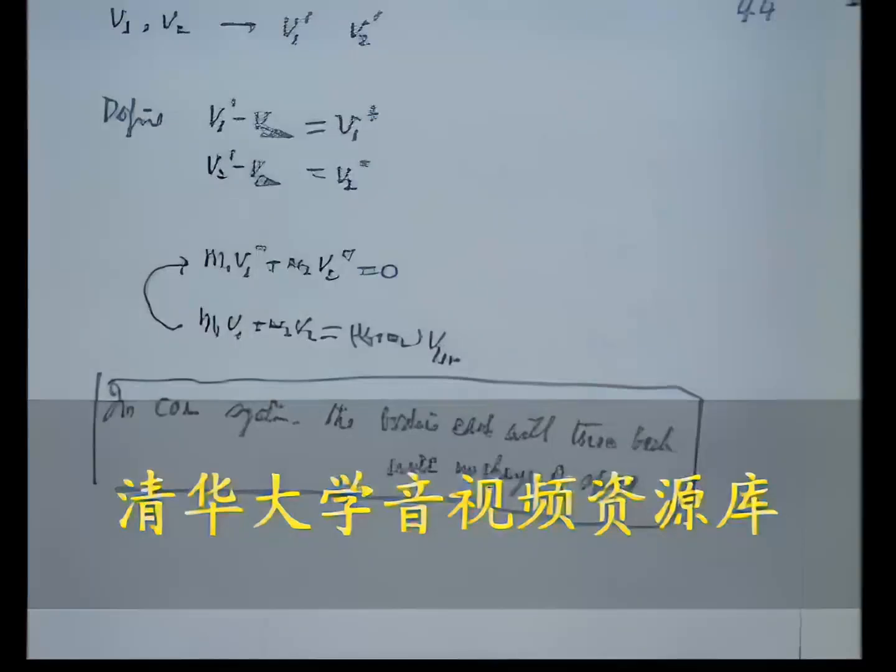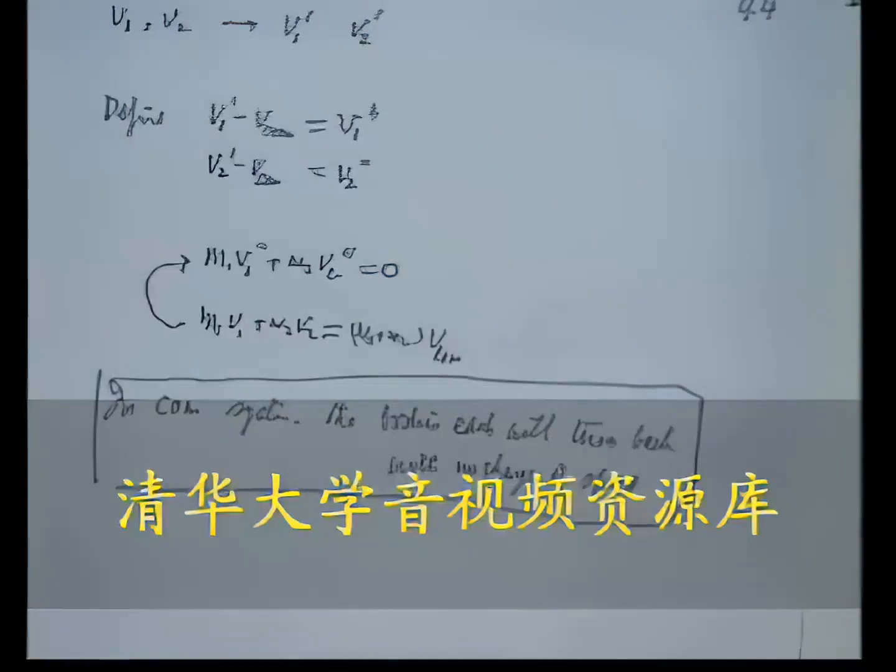And let me restate. We have proven that the total energy is equal to the center of mass energy plus the energy in the center of mass system. So in an elastic collision, the energy in the center of mass system is not changed, because the energy of the center of mass is always not changed. Therefore, since we talk about the elastic collision, the energy in the center of mass system is also not changed.